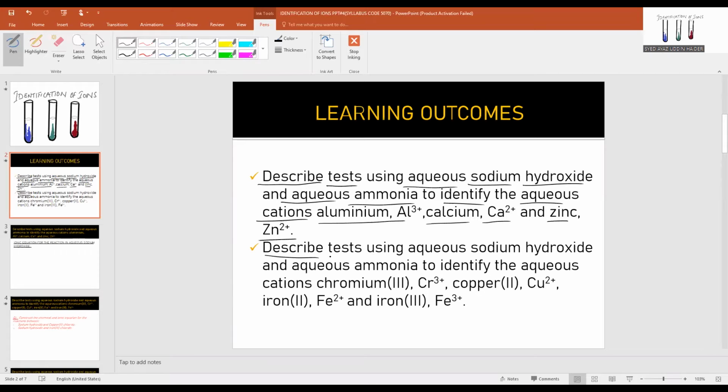Describe the test using aqueous sodium hydroxide and aqueous ammonia to identify the aqueous cations chromium Cr3+, copper Cu2+, iron Fe2+ and iron Fe3+.